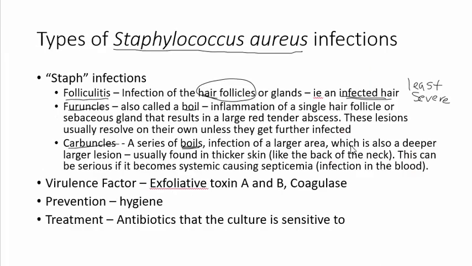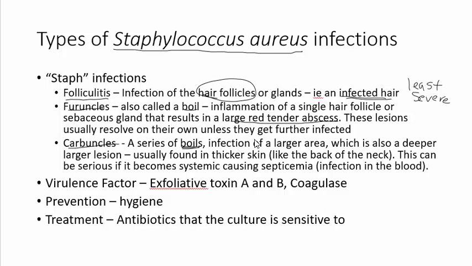The furuncle is a result of a folliculitis that may have gone deeper, or may have had more virulence factors involved. But it is a large, tender abscess. That is pretty much the identification of a furuncle.